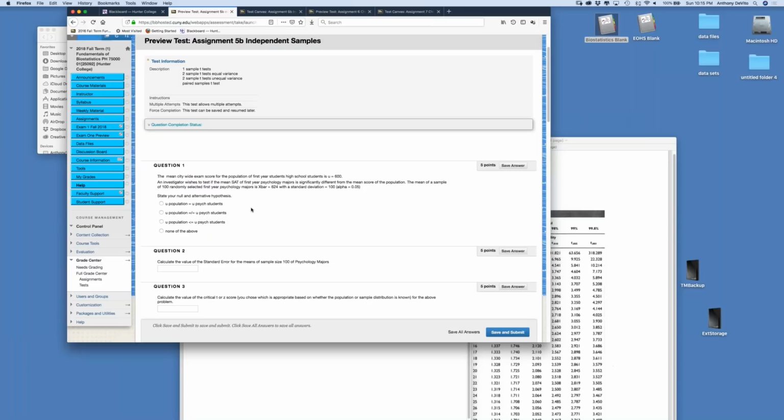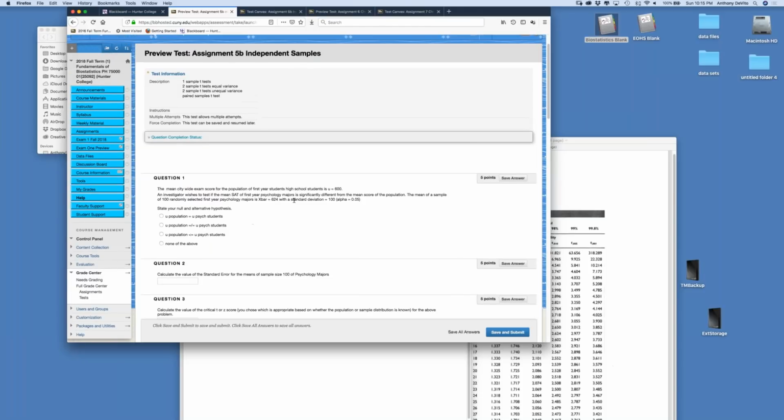But your null hypothesis, it's SAT scores, the mean of the sample, X score 624, mu of the population is equal to mu of psych students, your null hypothesis, and mu of the population not equal to mu of the psych students is your alternative hypothesis, right?